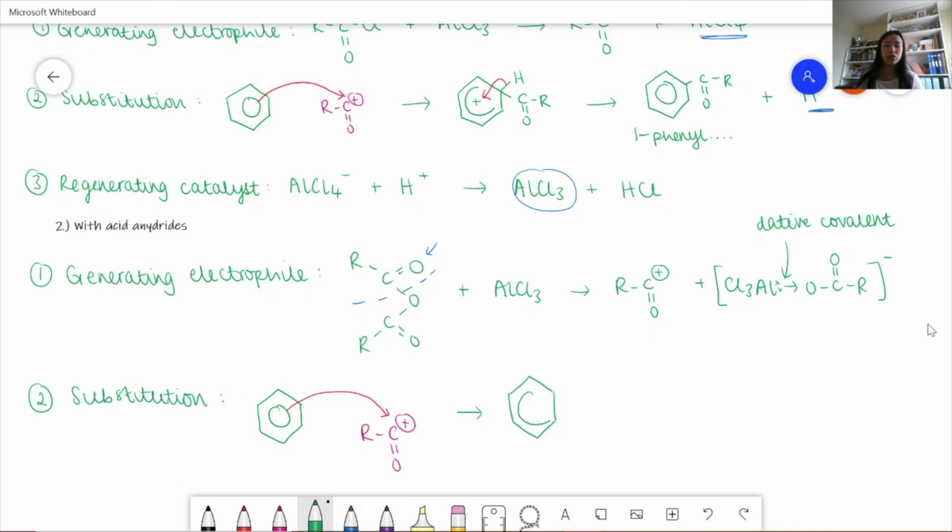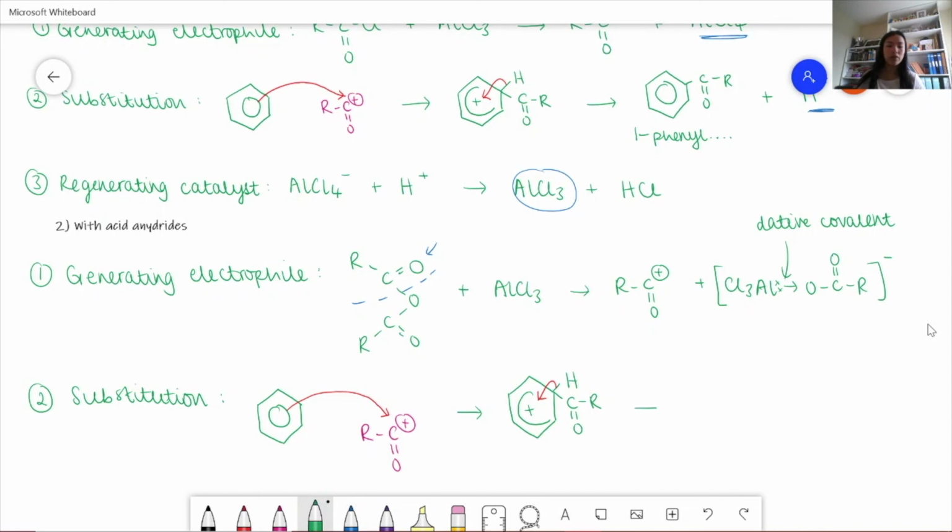So again, we draw kind of like a half C, and then we have the hydrogen, and it's now attached also to this acyl group. And then in order to regain the stability, we then lose this H plus by these electrons moving towards this positive charge.